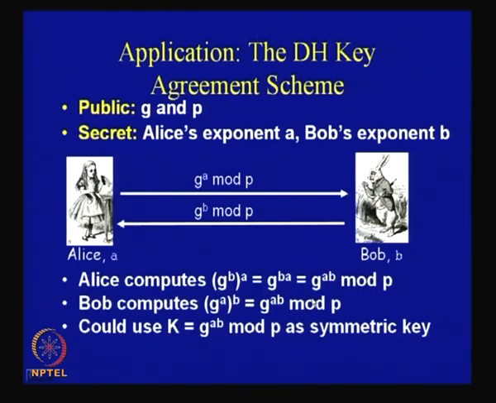What Alice does is take G power of B modulo P, because that is the part which it receives from Bob, and raises it to its secret value A. So, if I raise G power of B to A, I obtain G power of BA, which is equal to G power of AB mod P. Bob does the other way: he has G power of A modulo P from Alice, and raises it to the power of B. Therefore both Alice and Bob have computed the value of G power of AB modulo P. This is used as a symmetric key for further encryption.